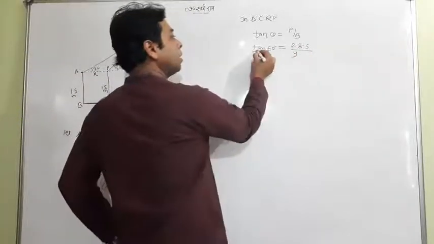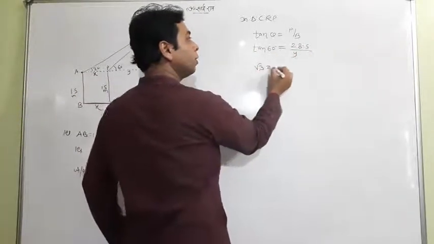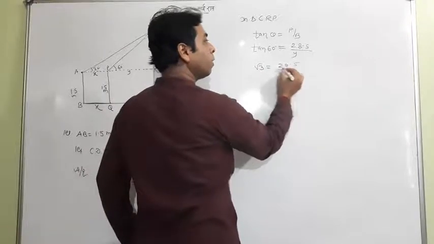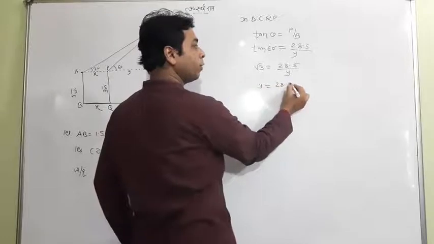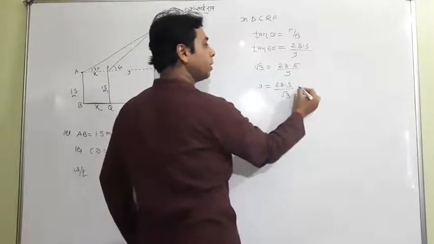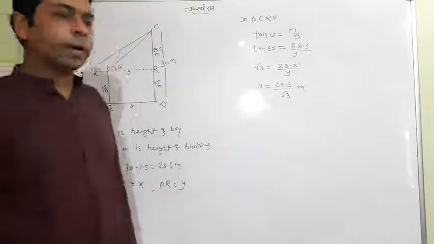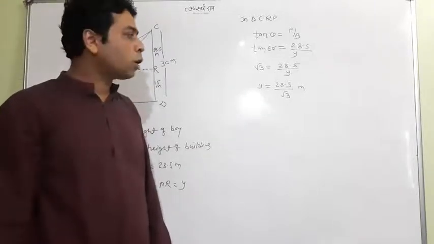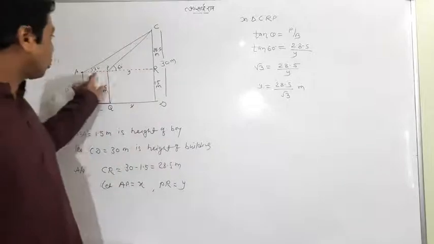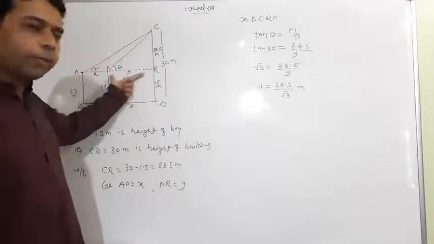So tan 60 is root 3, equal to 28.5 upon y. Transferring, y is equal to 28.5 upon root 3 meter. I don't want to drop my answer right here because it is not our requirement. We actually want x, and this is y till now.